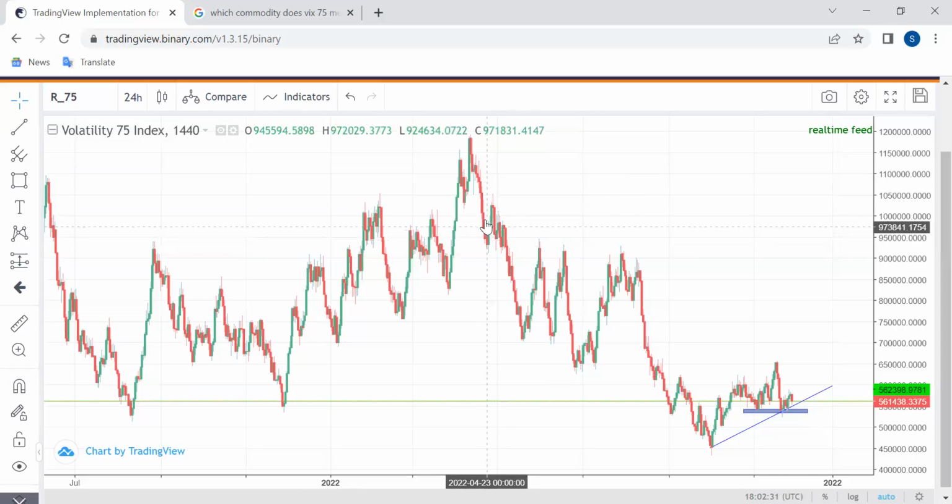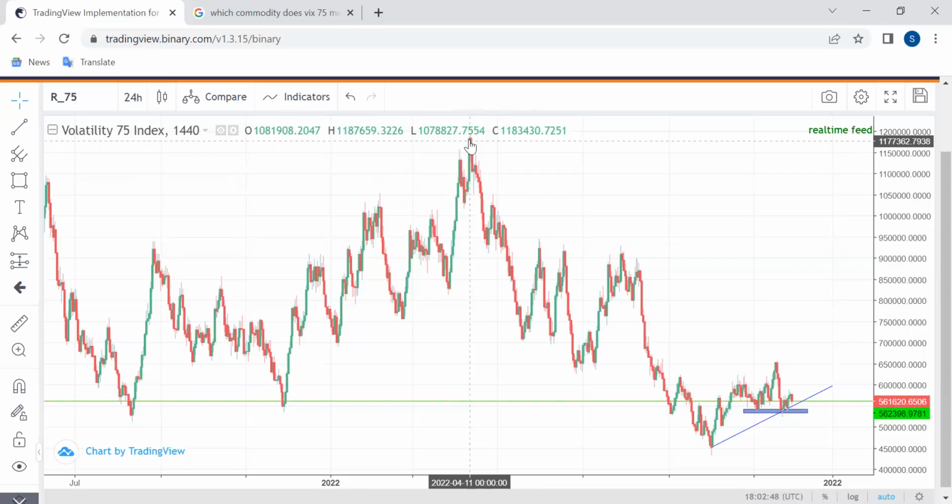So as you can see, it has been on a downtrend since April 2022, the 11th of April 2022.